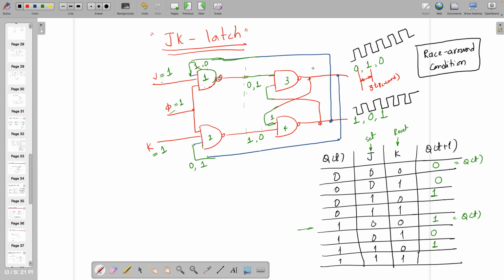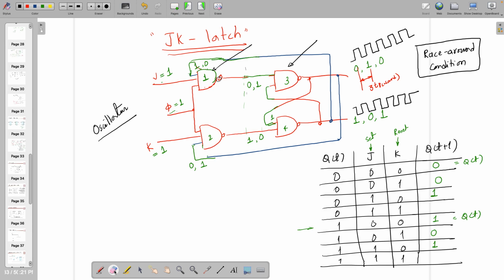So that is what I was saying. Sometimes people are using this circuit to make an oscillator which will oscillate between 1 and 0 for the desired frequency, but they need to control the propagation delay of these NAND gates very carefully. So this was the thing.